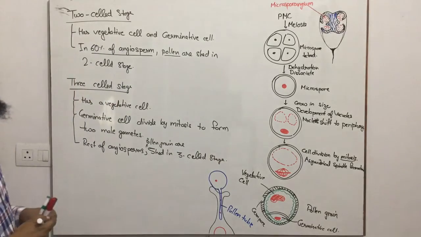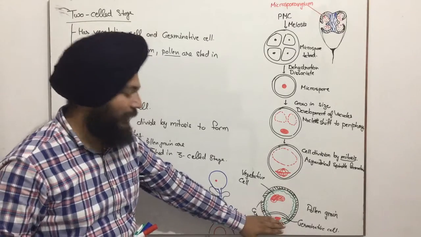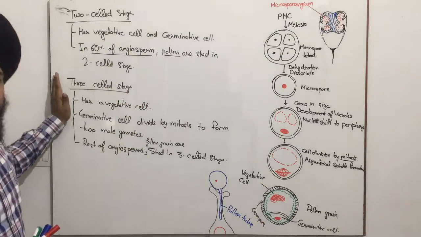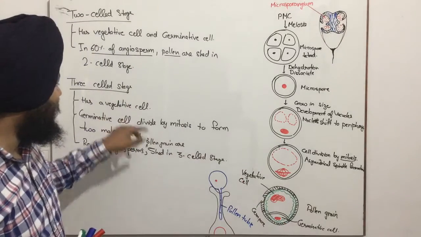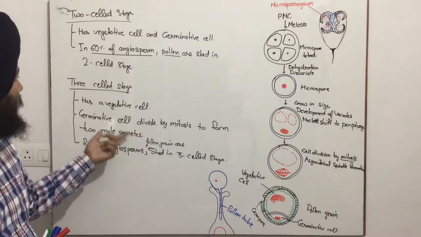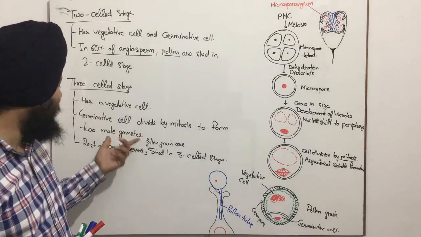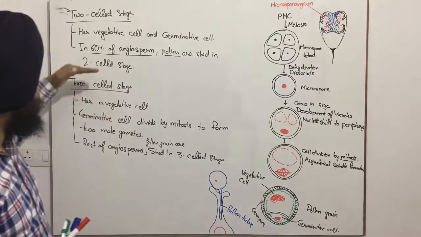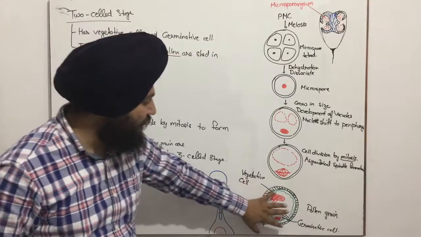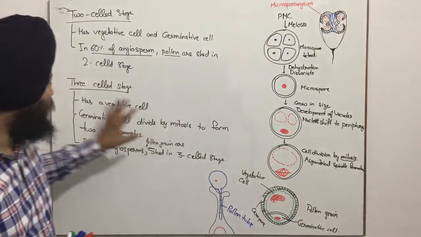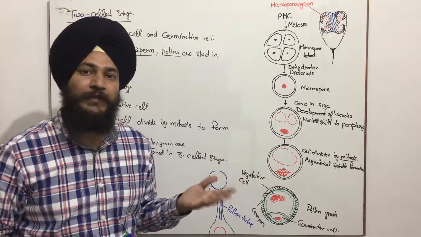Okay, so the two celled stage is the stage when a pollen grain has a vegetative cell and the germinative cell. The three celled stage is the stage when a pollen grain has a vegetative cell and two male gametes. So the germinative cell will divide by mitosis to produce two male gametes. The pollen grains of 60% of the angiosperms will be shed in the two cell stage, and in the rest of the angiosperms the pollen grains will be shed in the three cell stage.